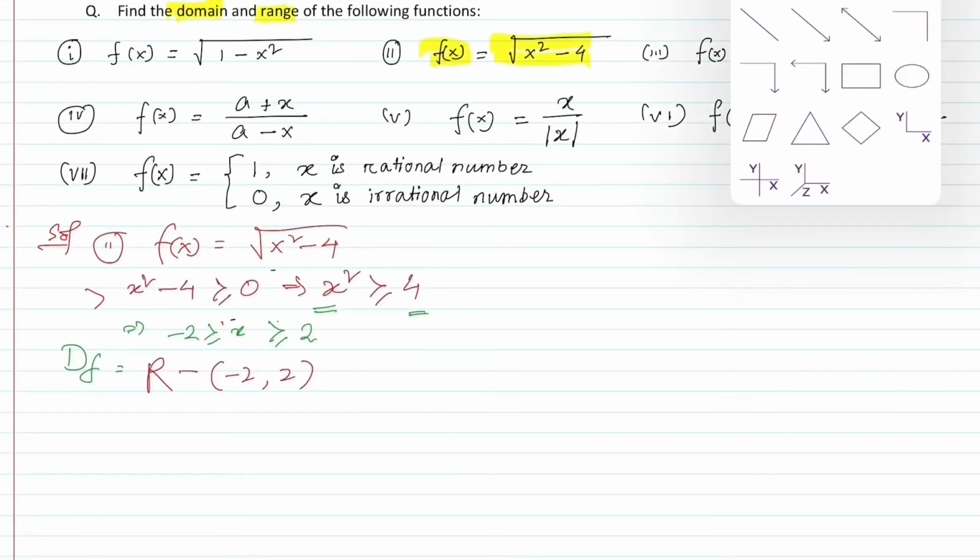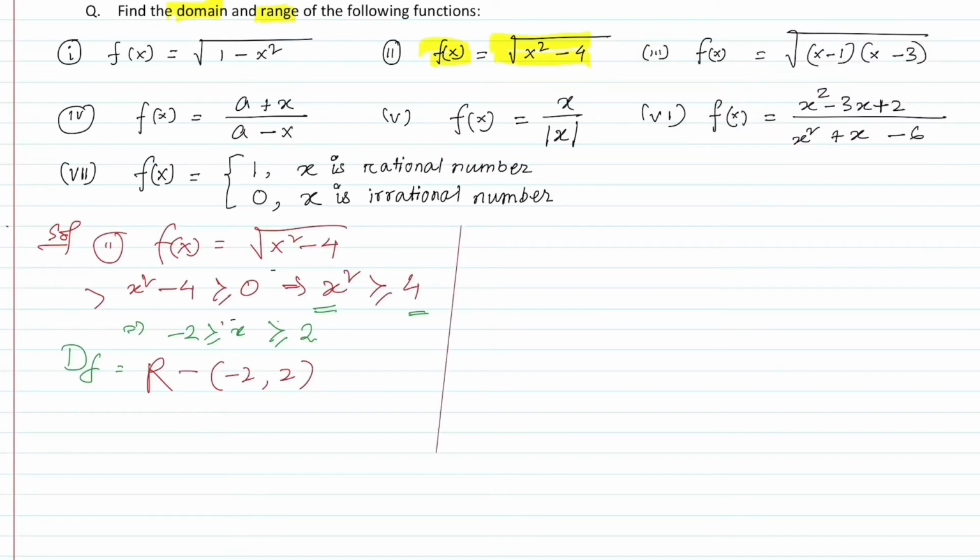In order to find the range of this function, let me consider this one. y is equal to f of x, and f of x is equal to root over x square minus 4, isn't it? So y must be equal to root over x square minus 4, and this is definitely positive because there is no minus sign.